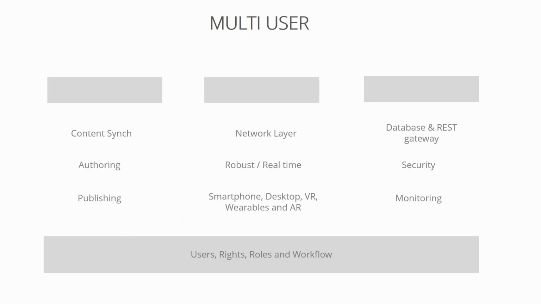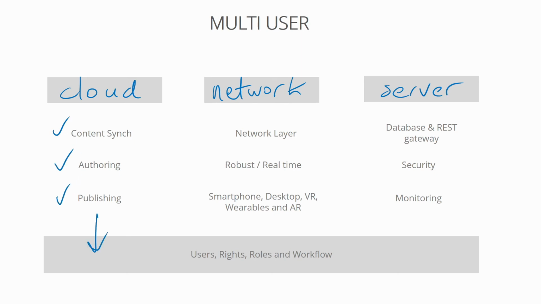And to speak to that a bit further, so this is cloud, this is the network stack for the client, and this is your server and your APIs. You really do have the content syncing, authoring, and publishing, so there's a pipeline to make sure stuff gets through to your users. On your network layer, you've really got robust real-time communications.